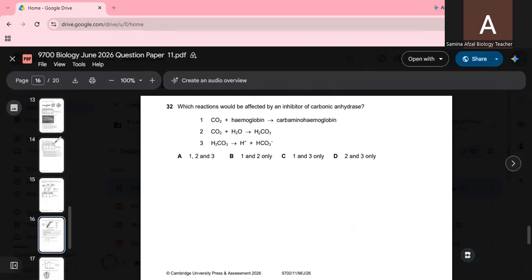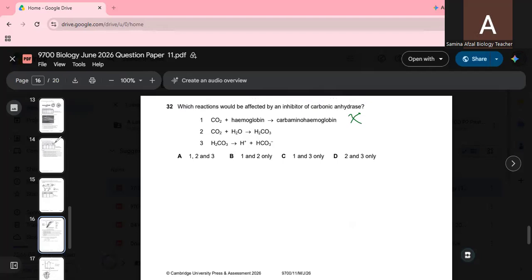It is not going with that because this reaction occurs spontaneously without an enzyme. Now we are moving to the second reaction, carbon dioxide and water, by which the carbonic acid is produced.